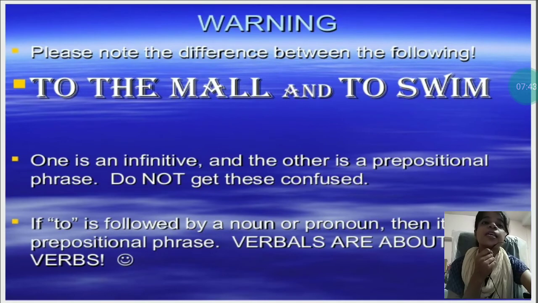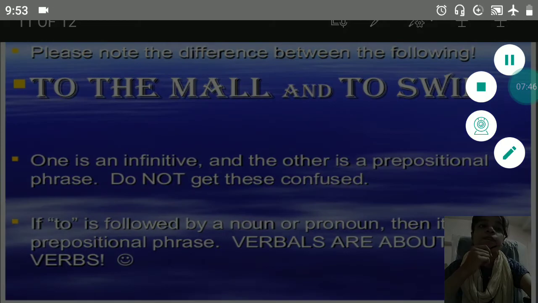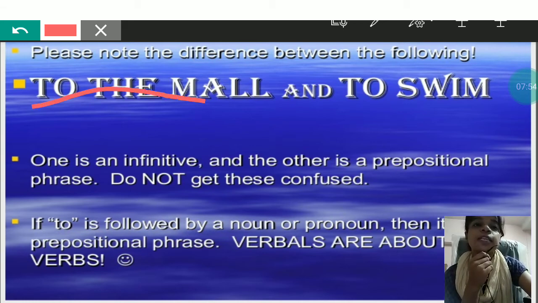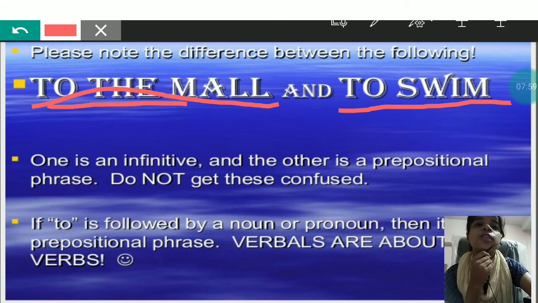Okay. Now, this is a warning. Why is it a warning? Because, see, please note the difference between the following. First one is to the mall and second one is to swim. So firstly, to the mall.